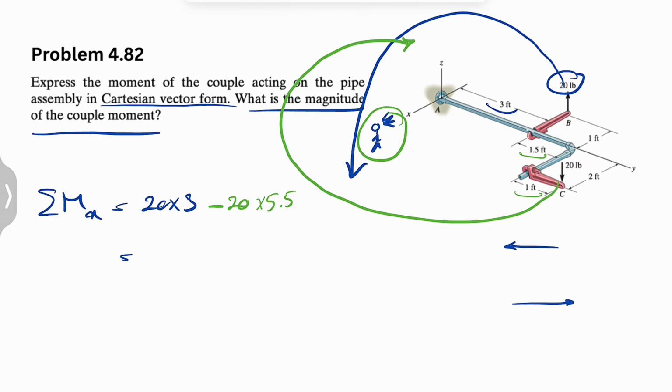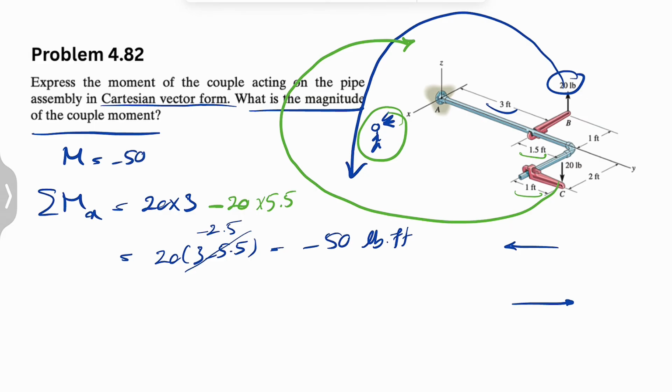If we factor out the 20 pounds, we get 3 minus 5.5, or negative 2.5, so the x component will be negative 50 pound-foot. So that's the moment about the x-axis.